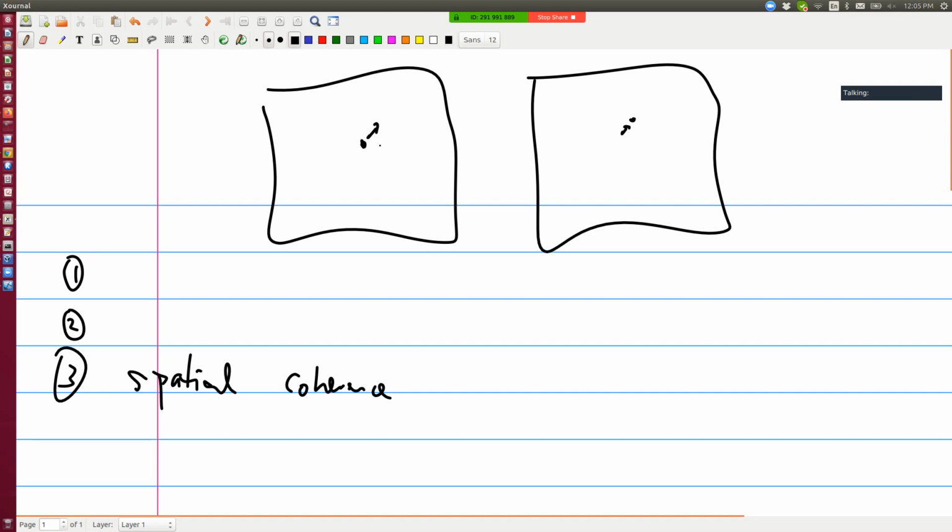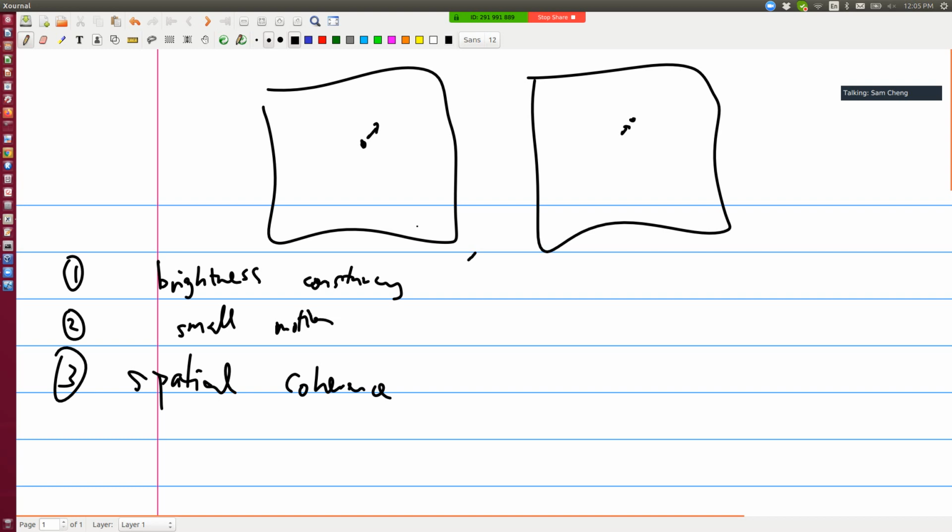The other assumption is that the color, or the intensity, doesn't change that much. We assume this pixel moves from here to here and the intensity doesn't change much. They call it brightness constancy, something like that. The next one is small motion: we assume the motion is small, a tiny motion from here to here.